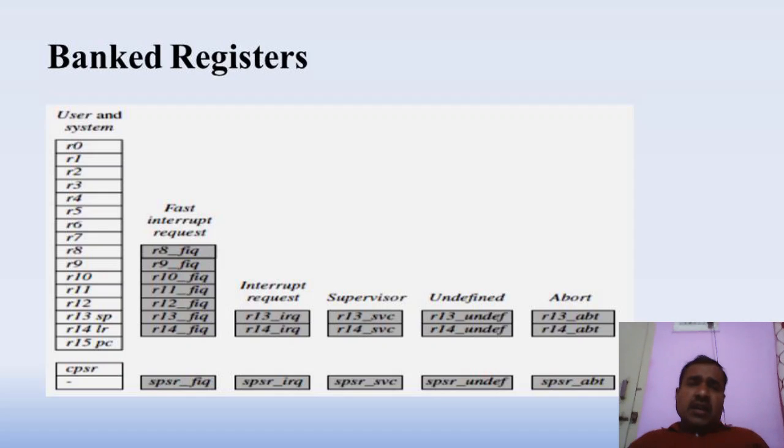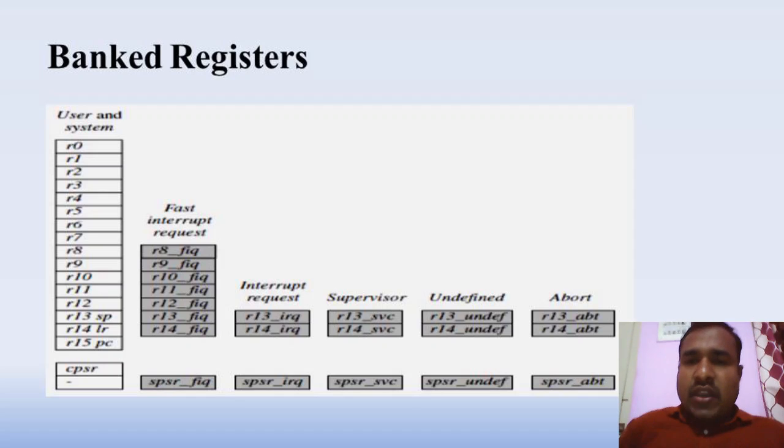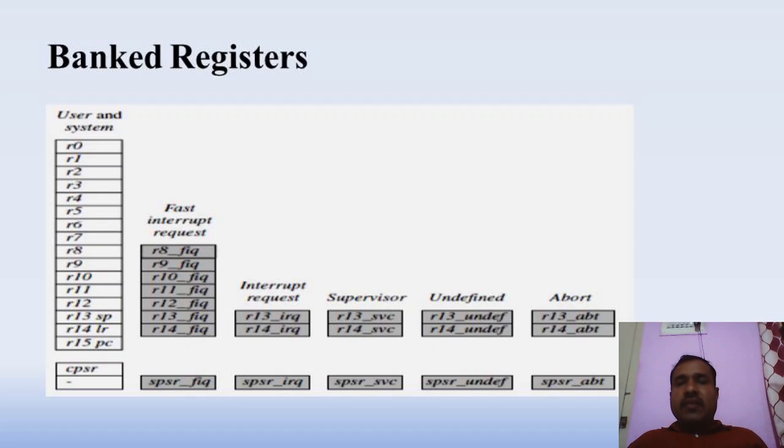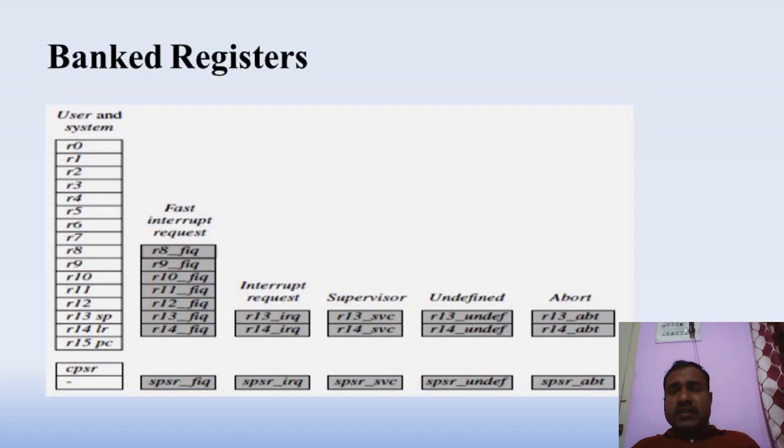These hidden registers are called banked registers. Each processor mode has its own set of registers. Here in the user mode and system mode, we have R0 to R15 and CPSR. And in the FIQ mode, we have a separate set of registers, that is R8_FIQ, R9_FIQ, R10_FIQ, like that, along with the user mode registers.